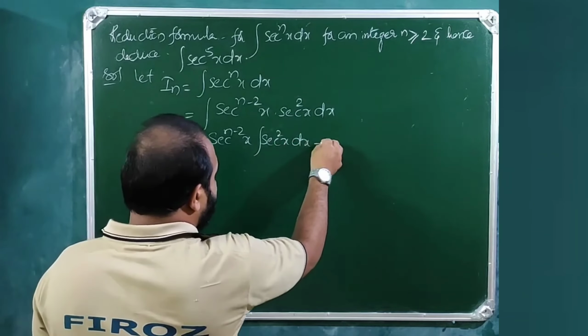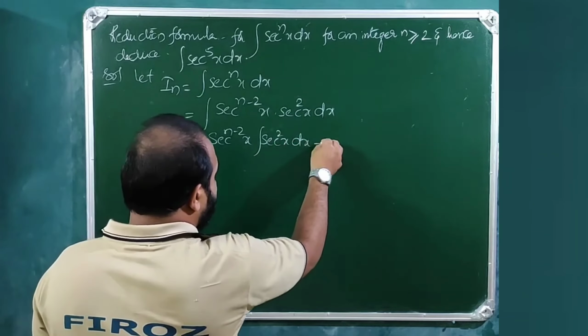So first function into the integral of the second function sin power m x into cos x dx, minus the integral of d by dx of the first function into the integral of the second function sin power m x into cos x dx, whole dx. So this is cos power n minus 1 x.